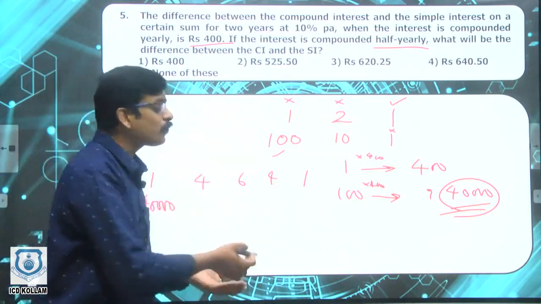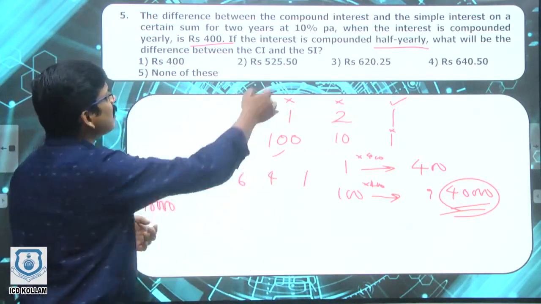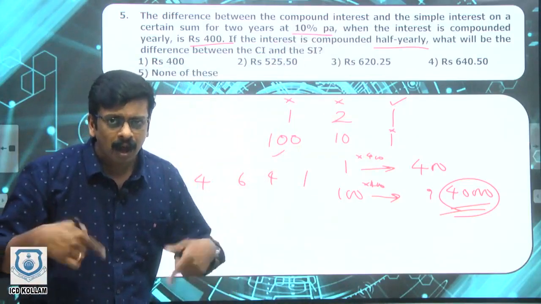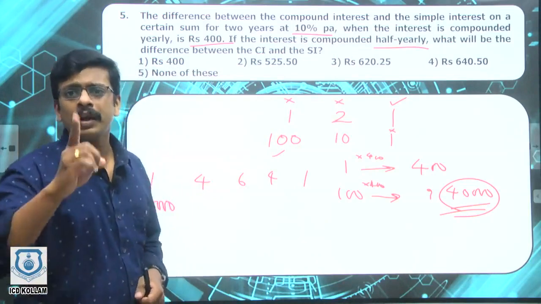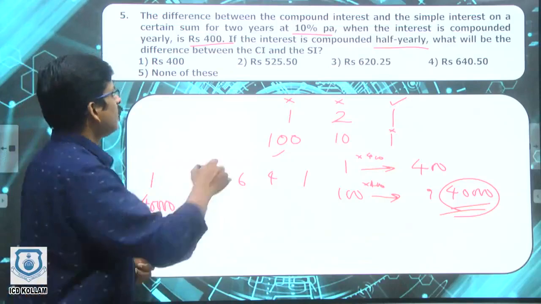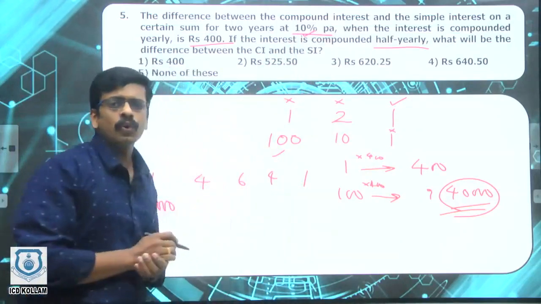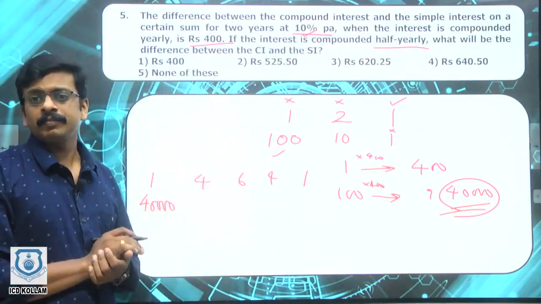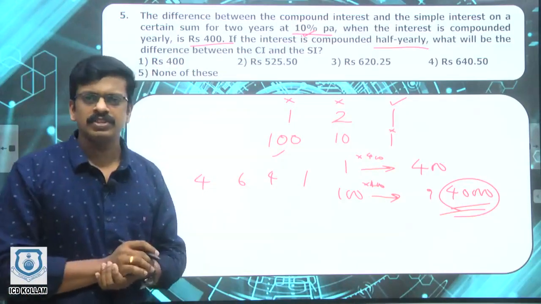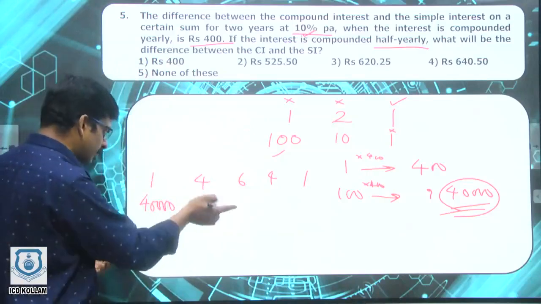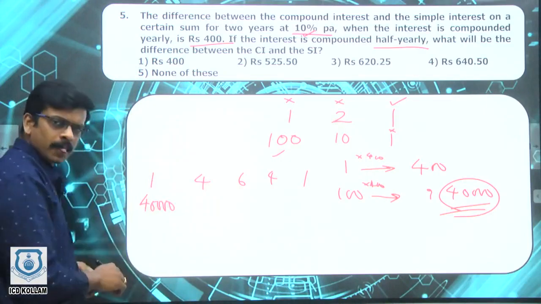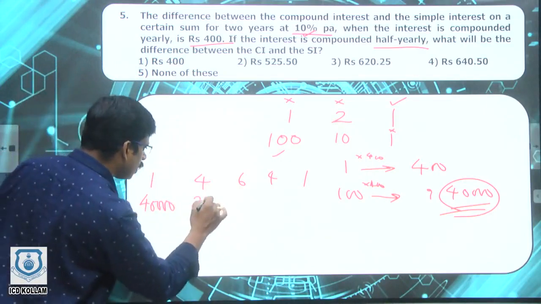But the rate of interest, it is clearly stated, is 10% per annum. But now the calculation period is not 1 year, it is just half of that 1 year. Means you need to take only the rate of that particular period. It is 5, half of that 10%. So you need to take 5% of this number. Now it's very simple. Take 5% of this number. It is 2,000.